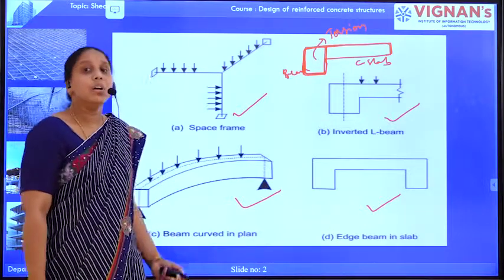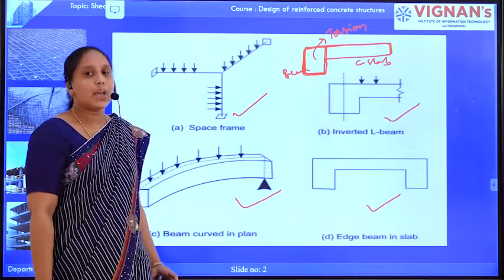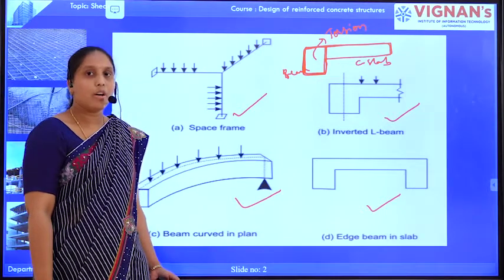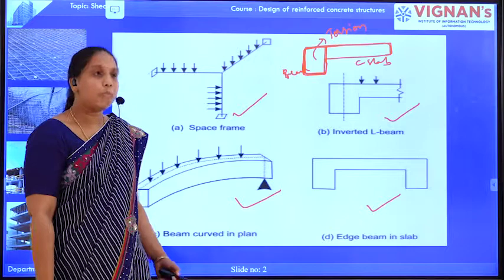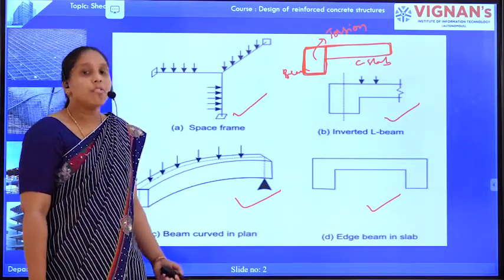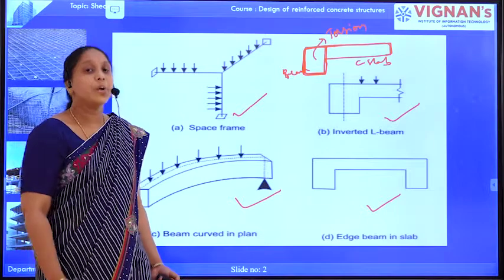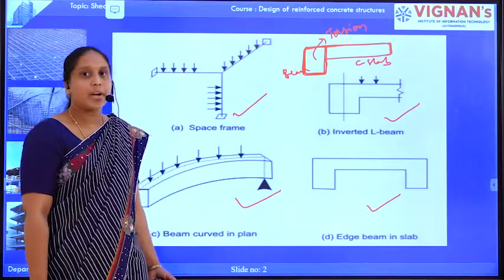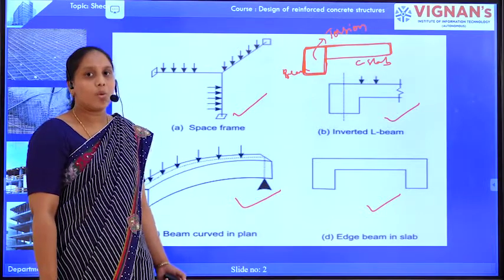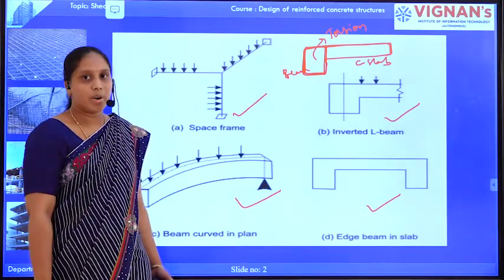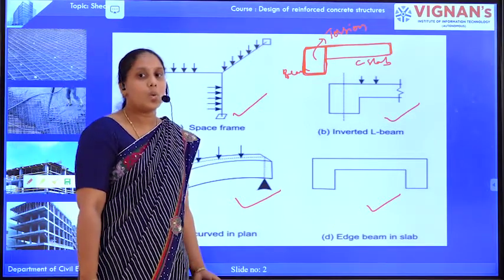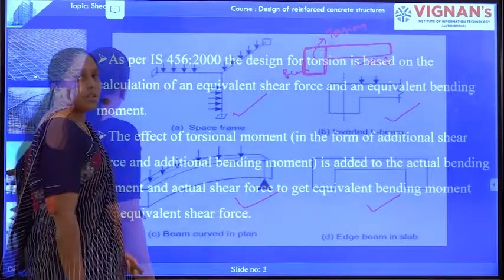Now let us see what the IS codal recommendations are for the design of torsion members. Before that, for the design of torsional moment, the IS code has recommended taking the equivalent shear force and the equivalent bending moment.